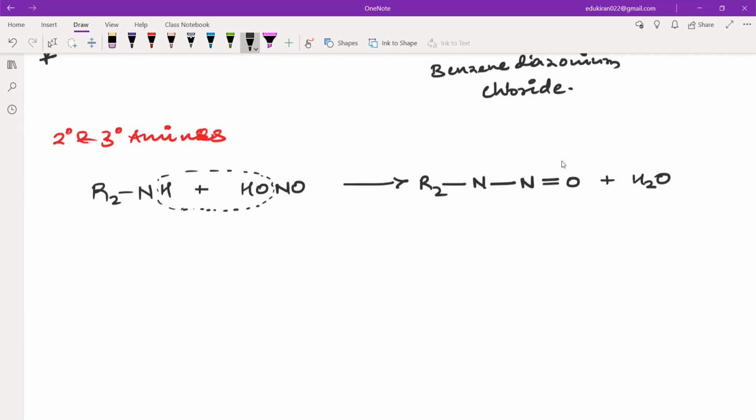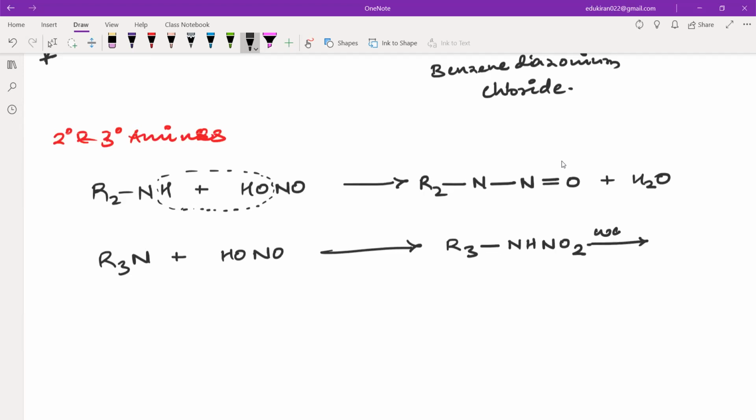Okay, so similarly, if you have R3N plus HONO, here also you will be getting, first of all, R3NH NO2. Then after you warm it, you're going to get the same thing, that is R2N, single bond with nitrogen, double bond with oxygen. This is known as nitrosoamine.